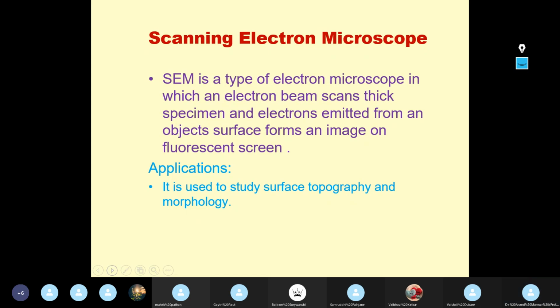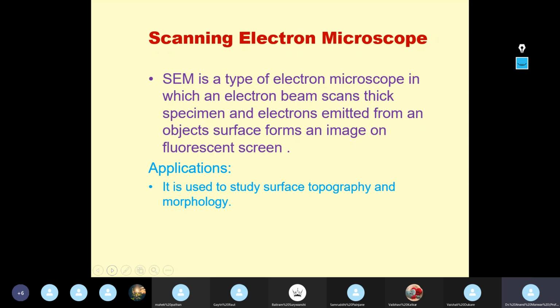First it was a magnifying lens, then a simple microscope, then a compound microscope, then it came to the transmission electron microscope, and now it came to the scanning electron microscope. Whatever the disadvantages were of the transmission electron microscope, those have been removed in the scanning electron microscope.